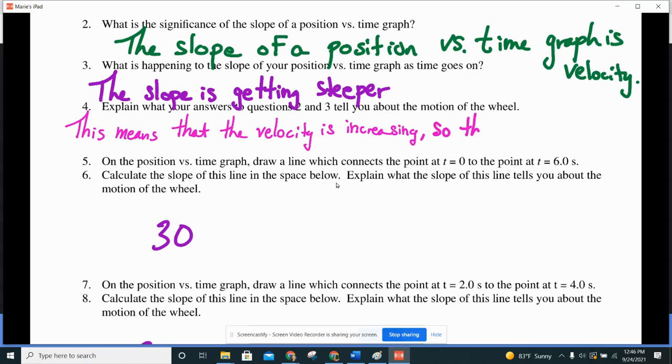So the object is speeding up. All right, are we good?